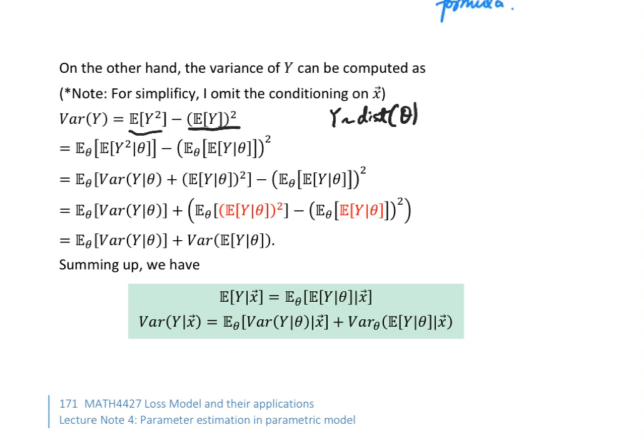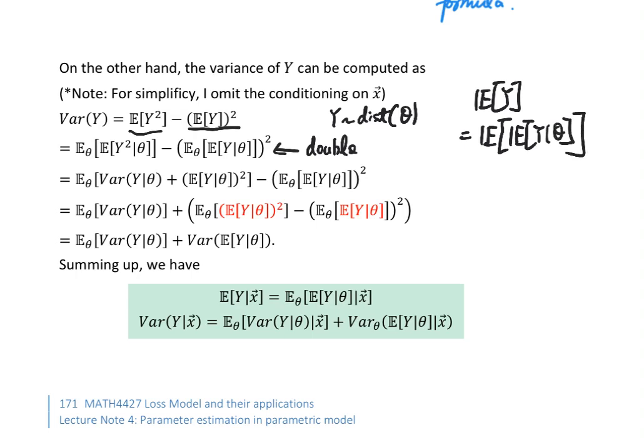So to get this true expected value, we use the double expectation formula to do the job, which is something that we deduced before. Okay, and here we apply that to both cases, so this is the double expectation formula.